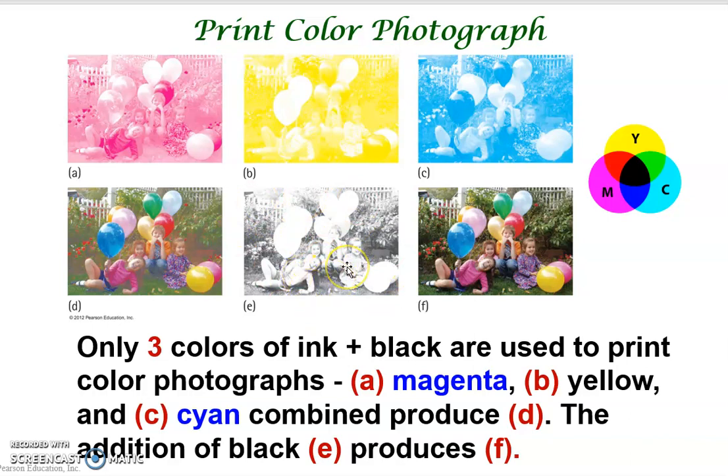So if you try to print the photo just in terms of the black color, you are going to have the number E here. So the final case is the one that shows the true color of the photo: simply combine the magenta, yellow, cyan, and the black together, and you will produce these photos.